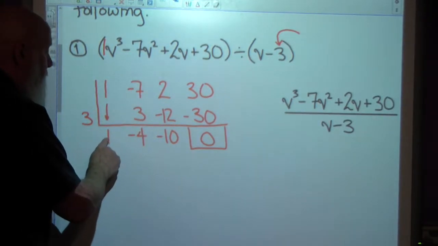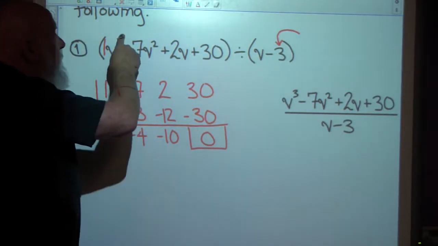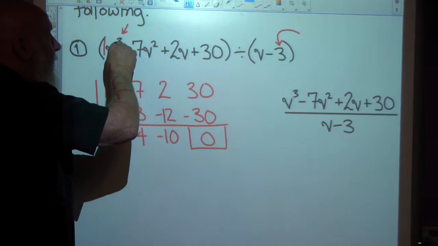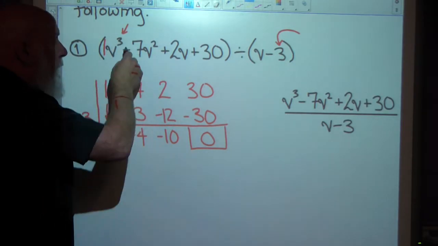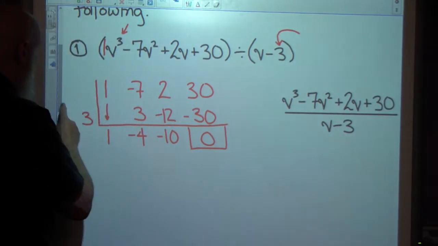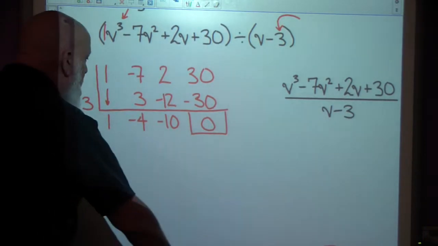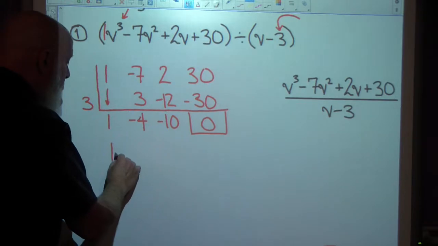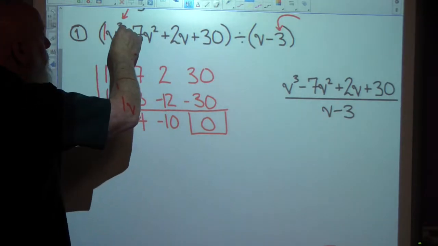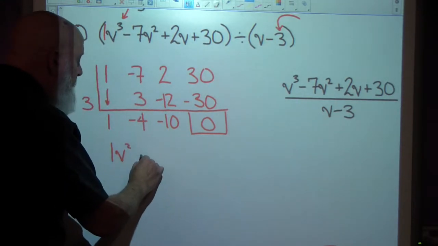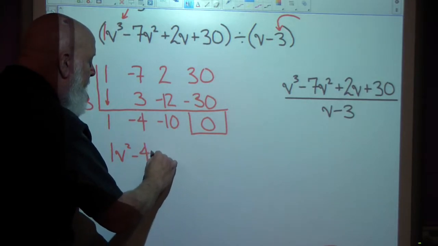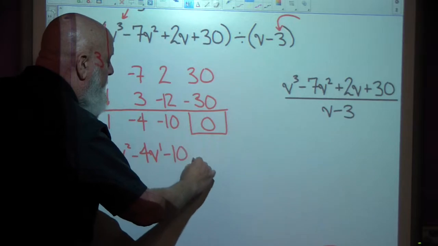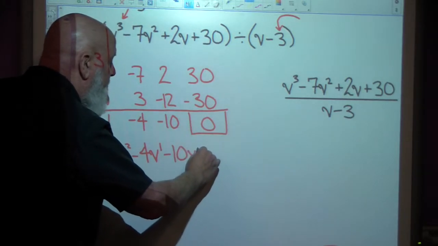These are my coefficients, and my highest power of v is always going to be, in this type of synthetic division, 1 less than the highest power in the one I'm dividing into. Okay? So I'm going to have 1, that's my leading coefficient, v to the second, that's 1 less than that, minus 4, v to the first, minus 10, v to the 0.